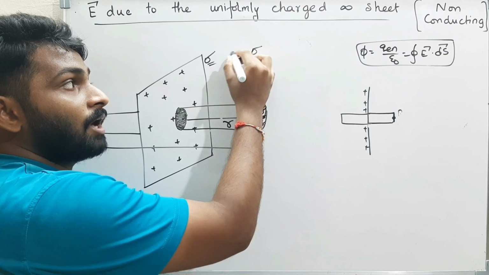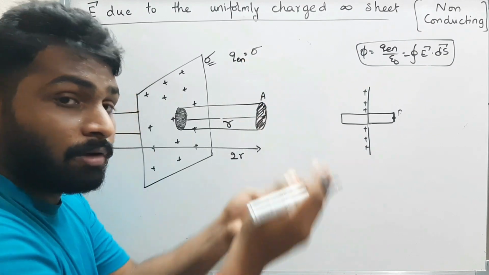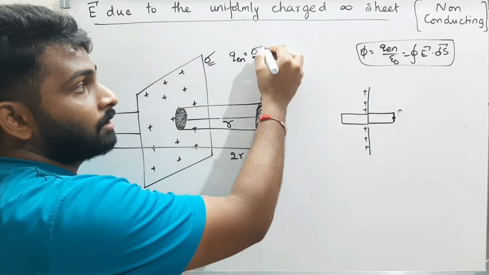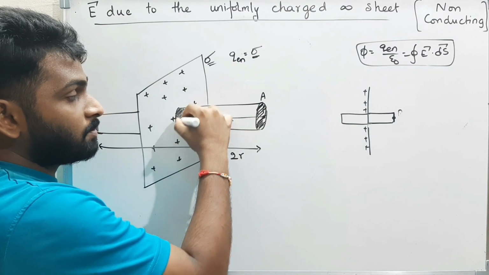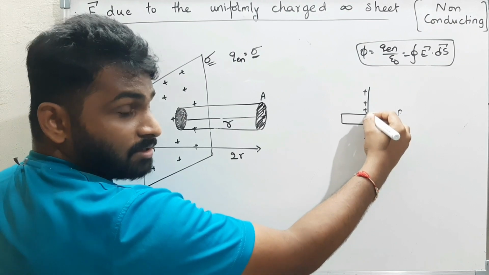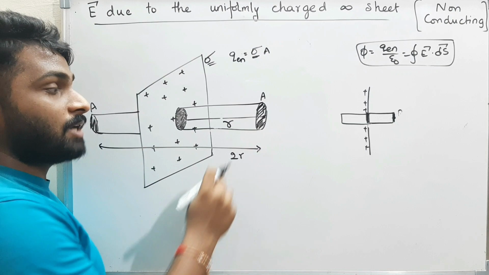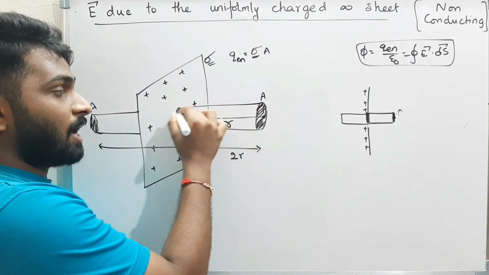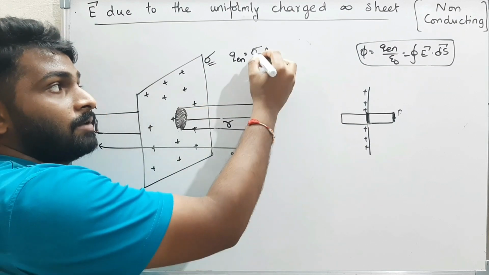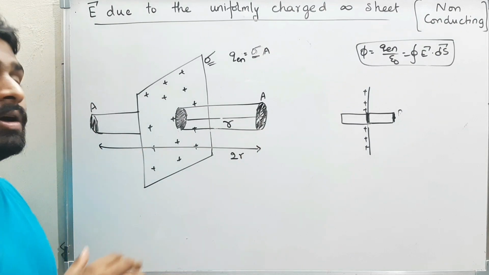If I want to find the charge present in a particular area, I have to multiply sigma, that is the surface charge density, with that area. How much area is present in this Gaussian surface? This area is exactly equal to this base area. Therefore, the charge enclosed in this Gaussian surface is sigma into A. Okay, I got the charge enclosed.